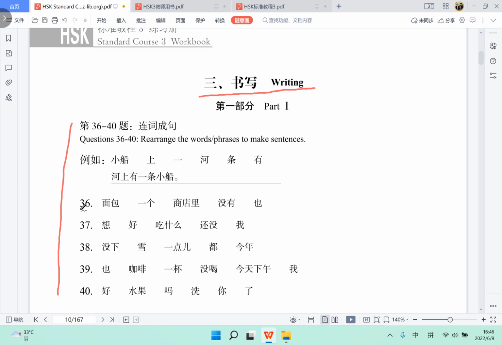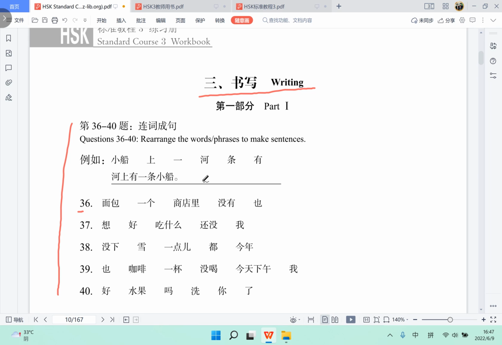And so 36, for this kind of question actually I don't have too much suggestion for you, because we all know it's already HSK 3 and I think your teacher has told you that Chinese grammar is not that difficult, but the order of the words in the whole sentence is quite important, because the sentence order plays a significant part in Chinese grammar.